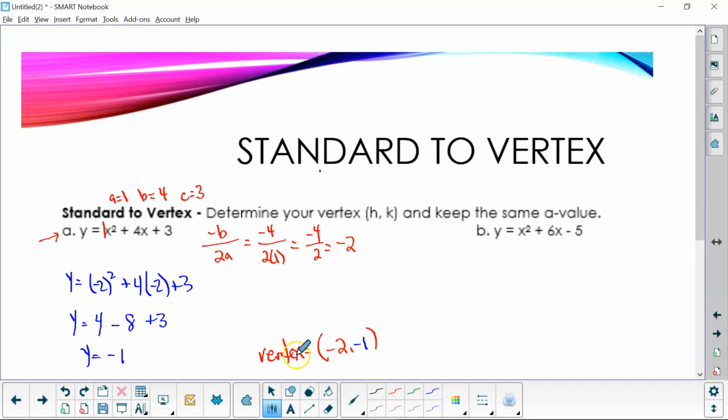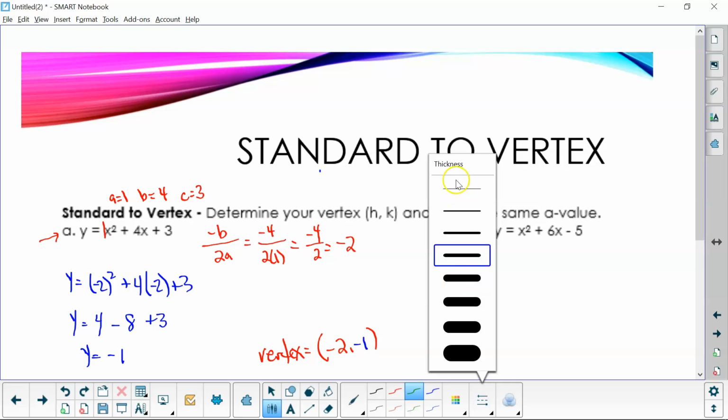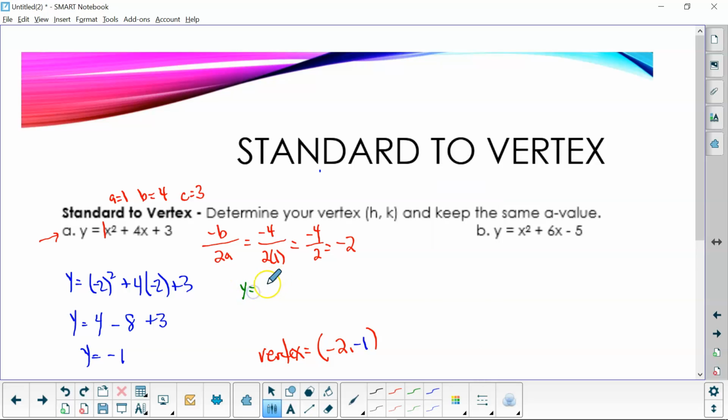So that's a negative 1, and this is my vertex. Now that I know my vertex and I know a, I can just write my vertex form. Remember, vertex form is y equals a times x minus h squared plus k, where h is the x value of your vertex and k is the y value.